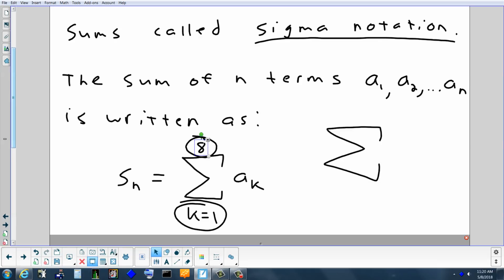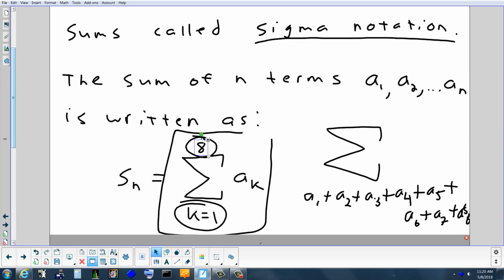If I didn't have that notation, and I wanted to write this out, adding up all the terms from the first term to the 8th term, I would have to write this. First term, plus second, plus third, plus fourth, plus fifth, plus sixth, plus seventh, plus 8th. What I just wrote right here is shortened by writing exactly what I just put right there.